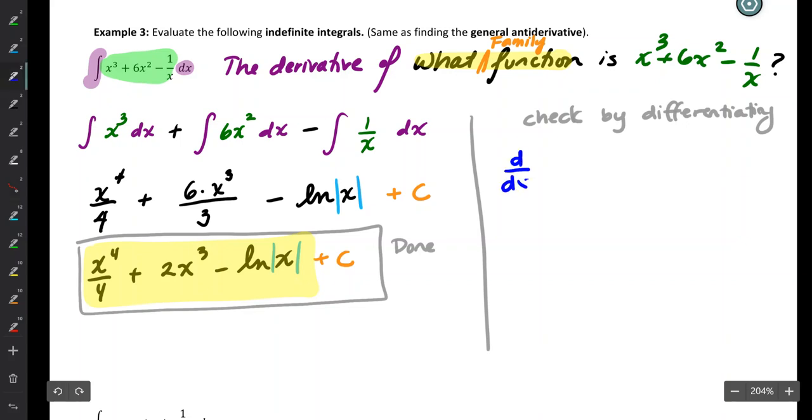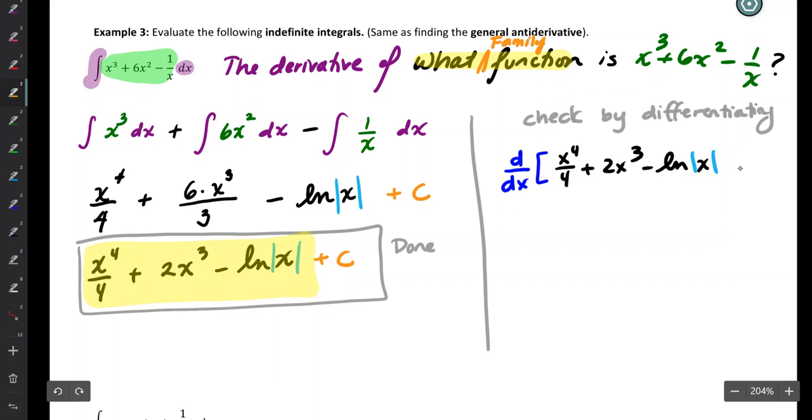The derivative of my answer, x to the 4th over 4 plus 2x cubed minus ln, not of just x, but the absolute value of x, plus any constant, plus 1, plus e, plus pi squared, plus any constant. When I take this derivative, do I get the green function? When I take the derivative of my antiderivative, do I get this original function?